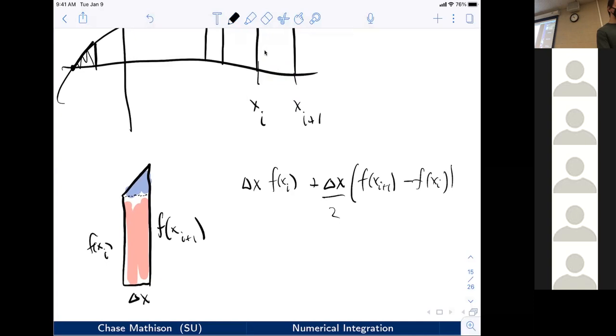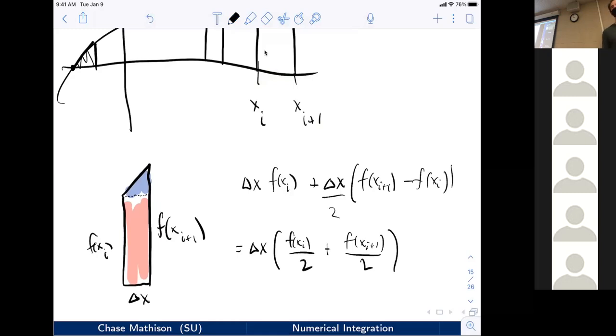So when you go through and do that, you're going to find that this is equal to, well, you can factor out a delta x times, well, f of xi minus f of xi over 2 gives me plus f of xi over 2, and then plus f of xi plus 1 over 2.